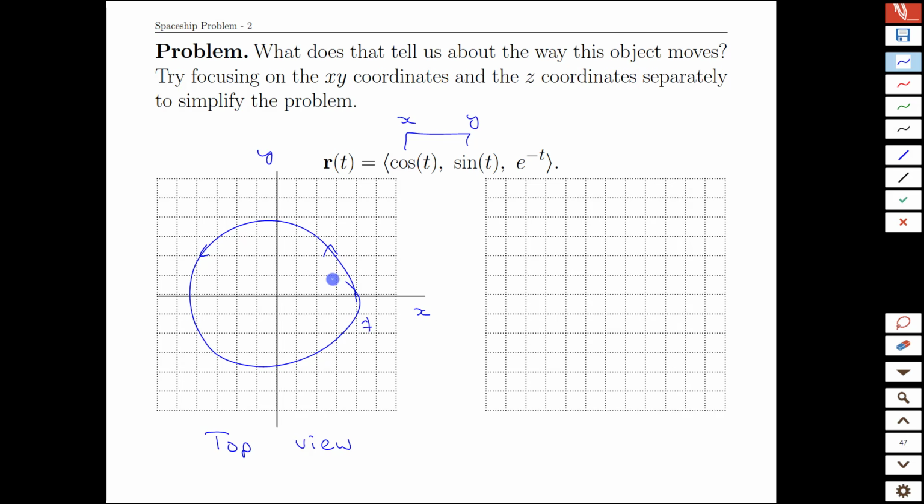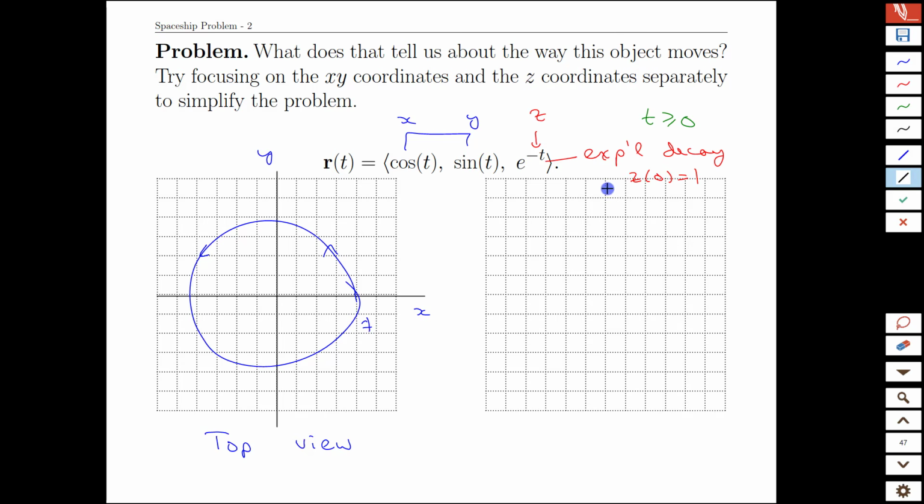In addition to that, though, we also have a z component, and that z component is following an exponential decay, e to the negative t. Now, in the previous page, we indicated that we would be starting at time 0 this time, so no negative time values allowed, but we're going to have an exponential decay for the z value starting at time 0, which is z equals 1. So z at time 0 is equal to 1.